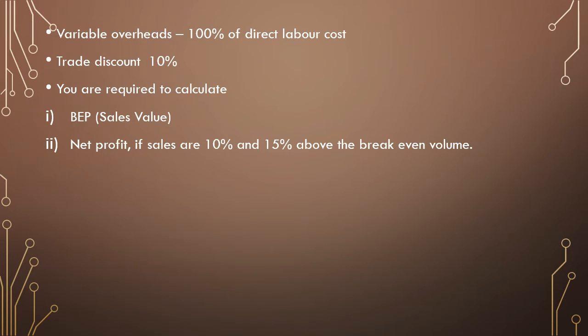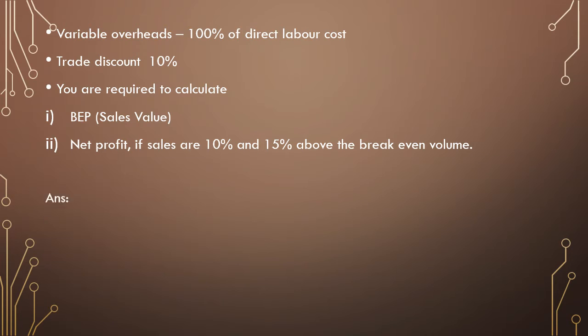Variable overheads are 100% of direct labor cost, and trade discount is 10%. You are required to calculate BEP in sales, and second, net profit if sales are 10% and 15% above the break-even volume.